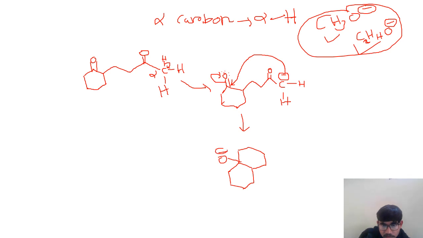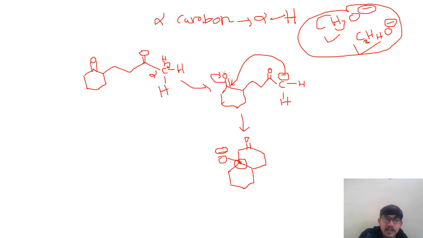This oxygen has taken the electrons, so it is created here as O minus, and this CH2 minus is now attached with this carbon at the junction of the ring, which I have rounded here.